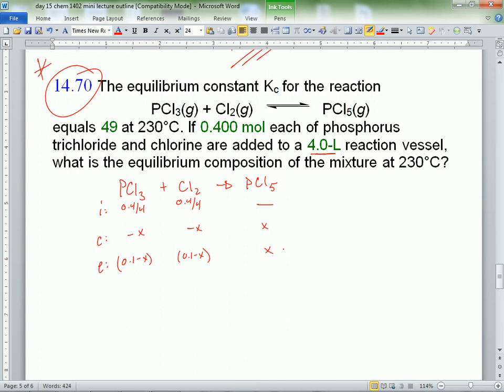These have to be the concentration table. It has to be moles divided by liters. It's going to be 0.1.